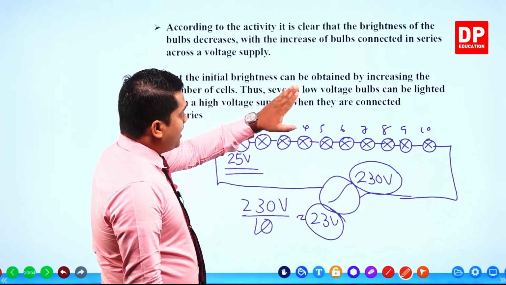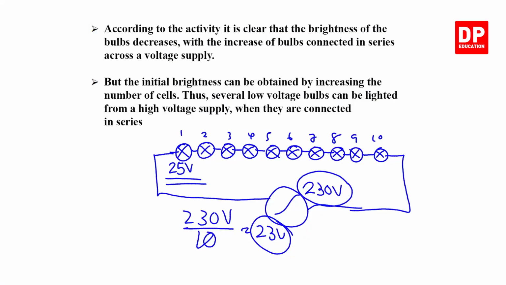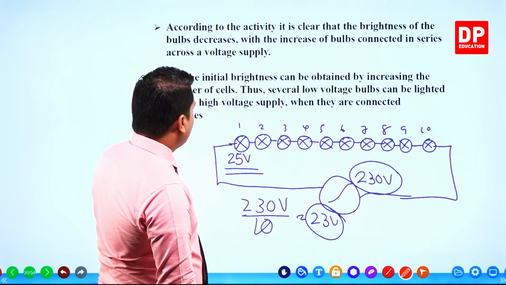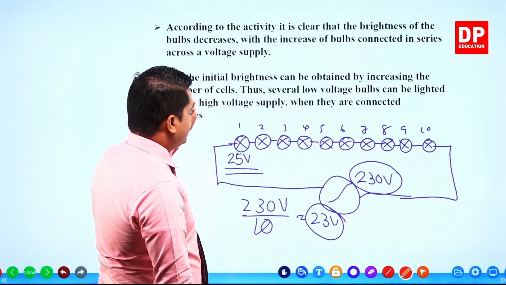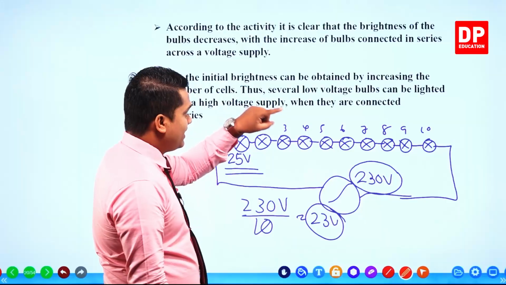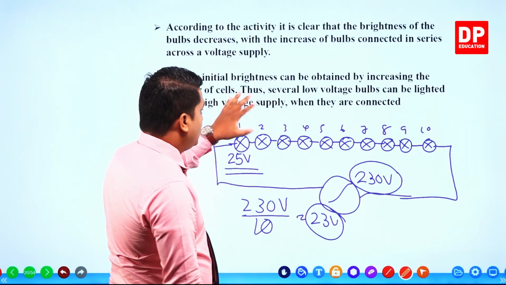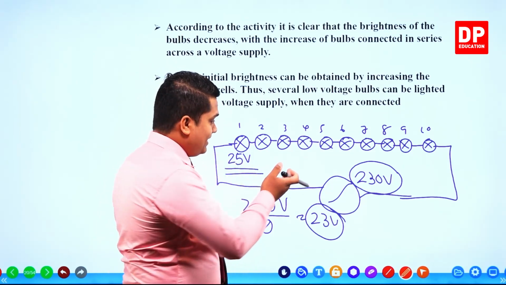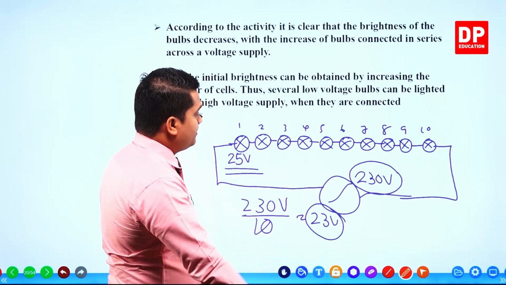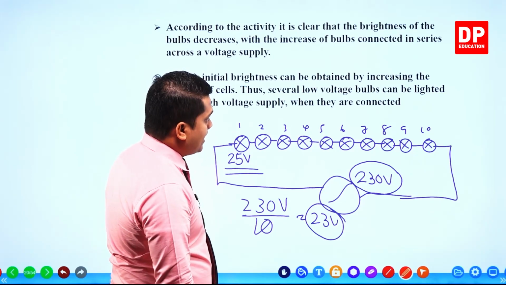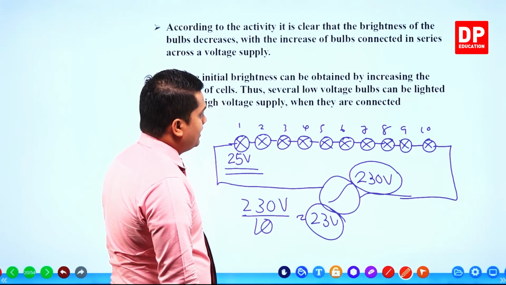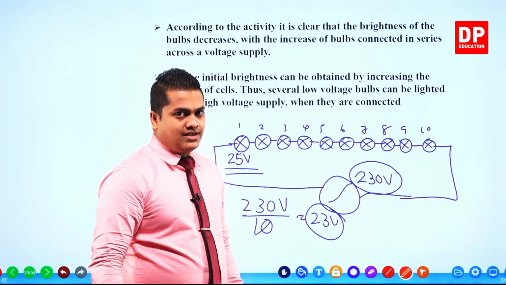With the increase of bulbs connected in series across a voltage supply, what will happen? When increasing the number of cells, we can get more brightness. However, several low voltage bulbs, like 10 here, can be lighted up by using a very high voltage supply when they are connected in a series connection.